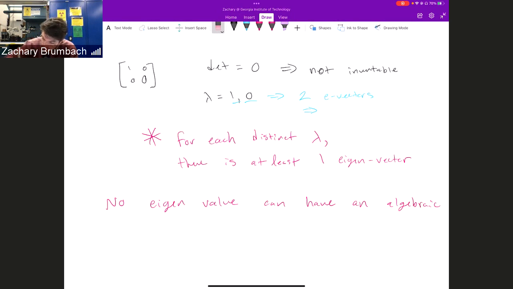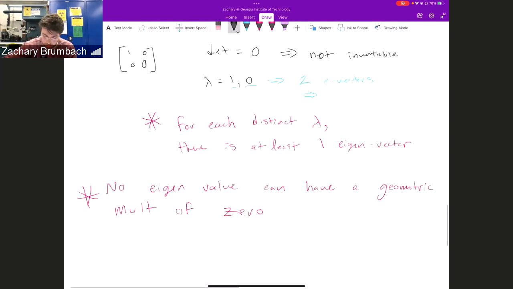Nope, geometric. This is a big one, okay? No eigenvalue can have a geometric multiplicity of 0, so it must be at least 1. Always, always.